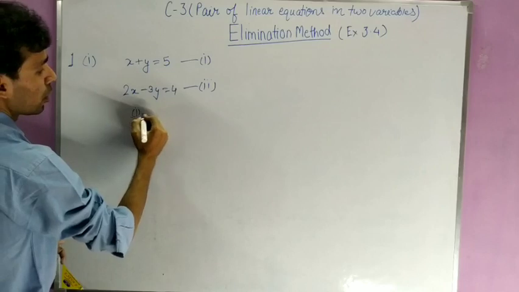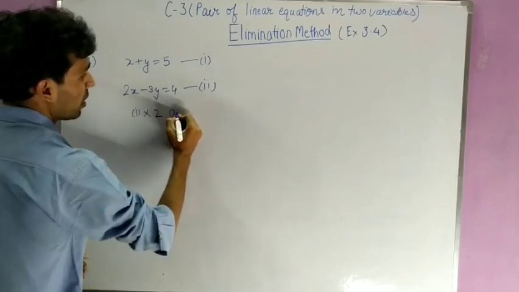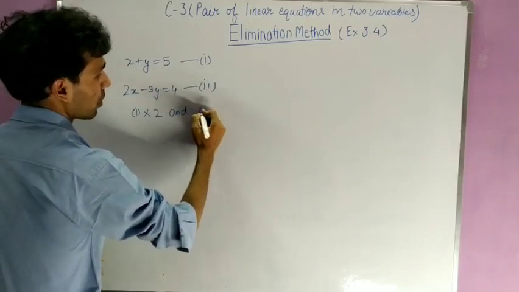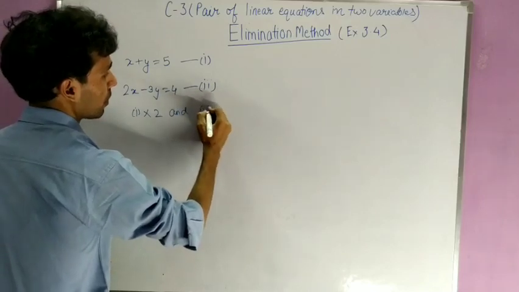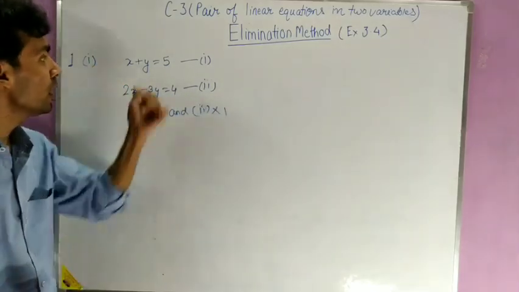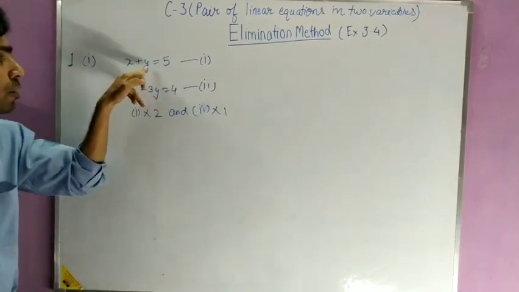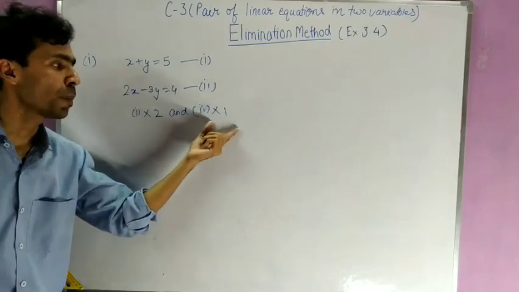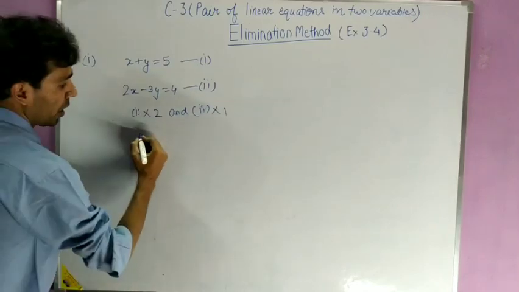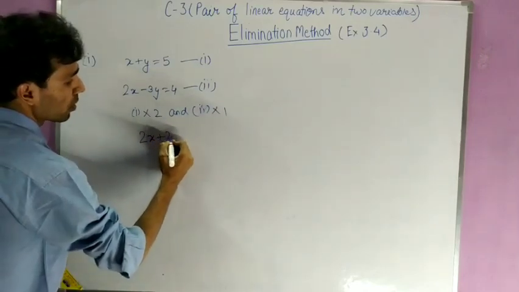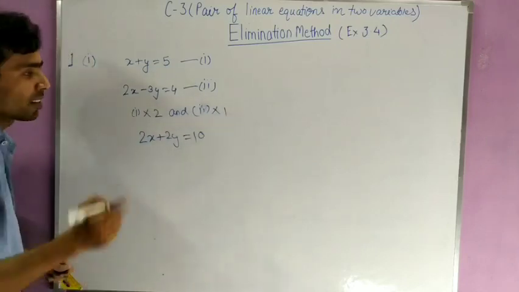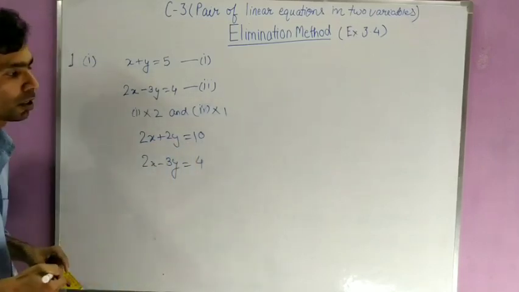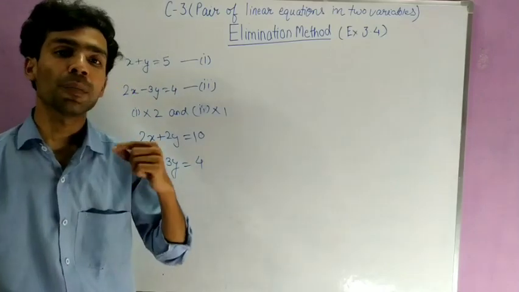It will become 2x plus 2y equal to 10, and because equation 2 already has 2x, I multiply it by 1. So equation 1 becomes 2x plus 2y equal to 10, and equation 2 is 2x minus 3y equal to 4. Now for elimination, students must remember this point.